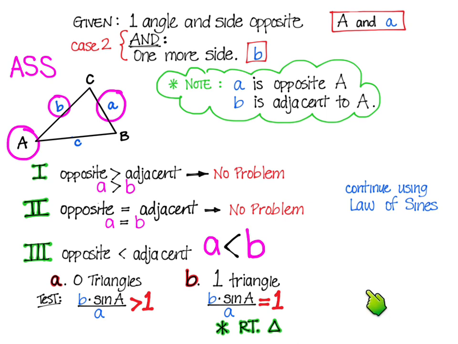There's one more case, and that was, here we've got this test where B times sine of A divided by A is more than 1. Here we got B times sine of A divided by A is equal to 1. And our last case is when B times sine of A divided by A is less than 1. And when this is the case, there are two possible triangles.